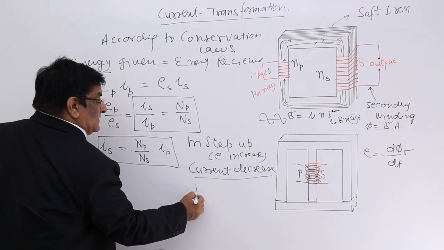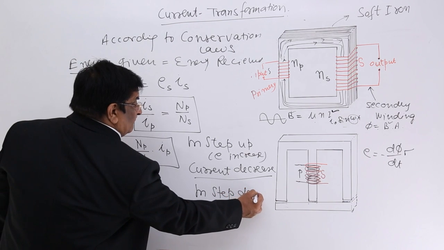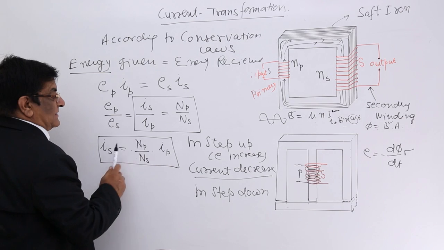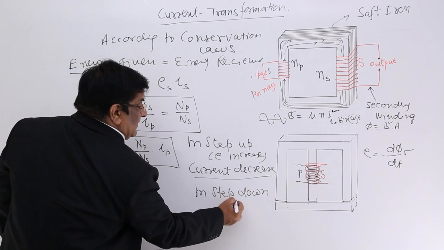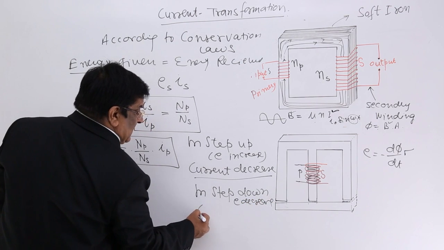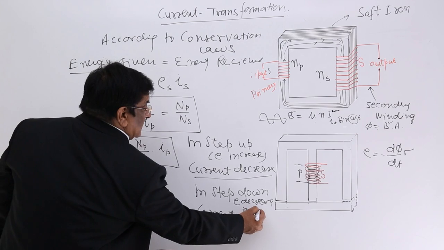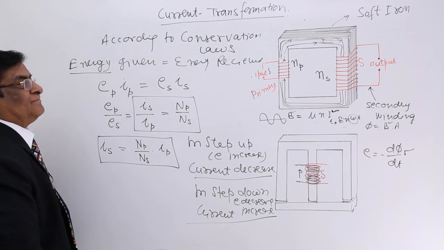And reverse to this, in step down. In step down, we know NP is larger, so current will increase. E decreases, current increases. So you have seen this mathematically.